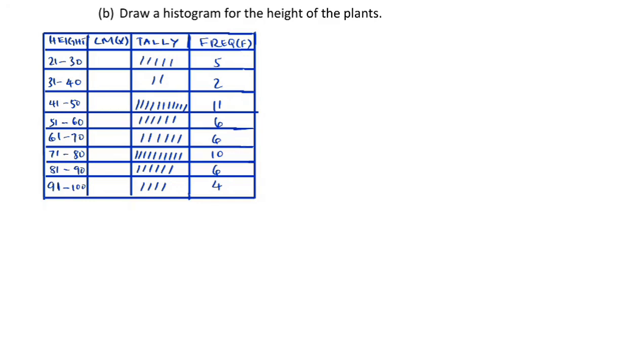Let us add the class mark column by finding the average of the lower limit and upper limit for each class interval. To find the class mark for the first group, we just take 21 plus 30 divided by 2, which equals 25.5.